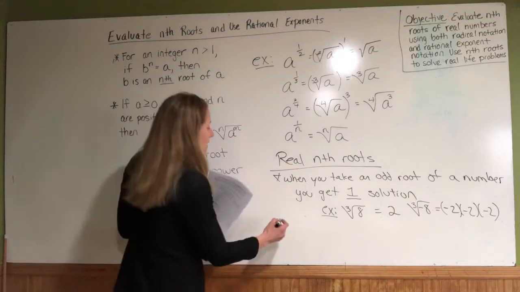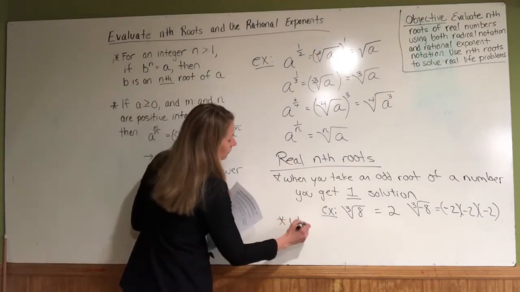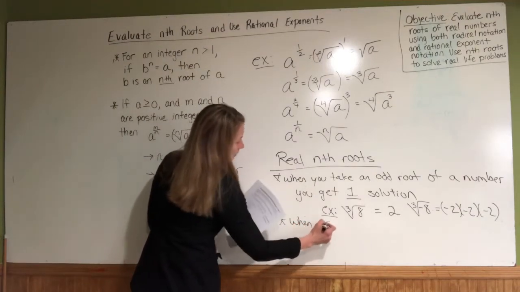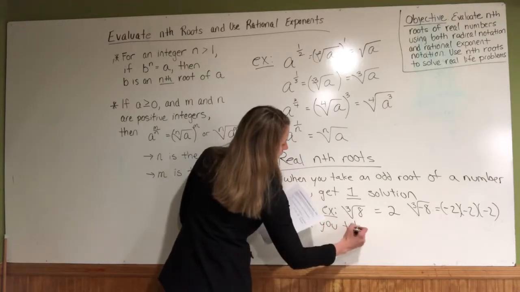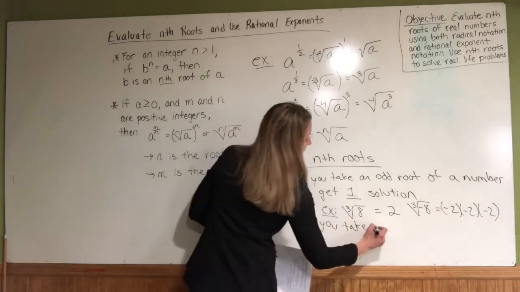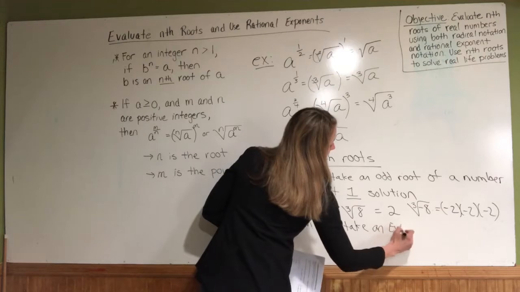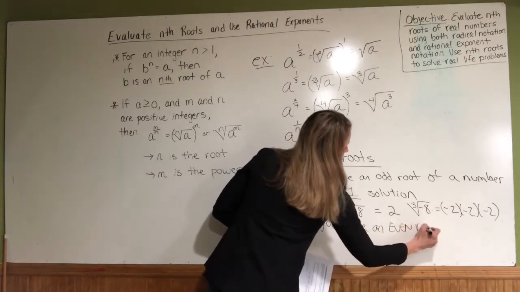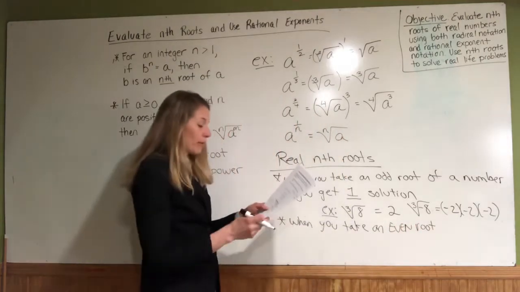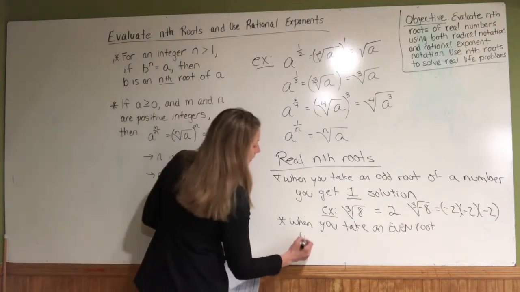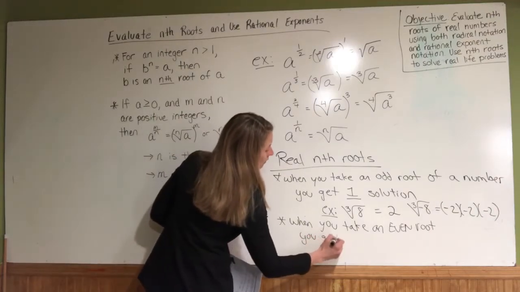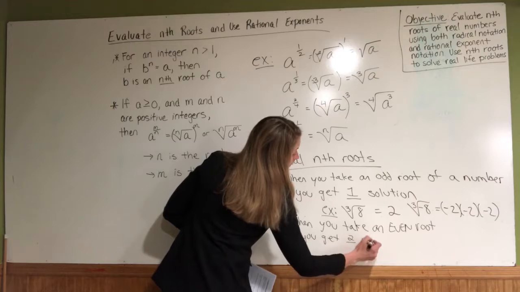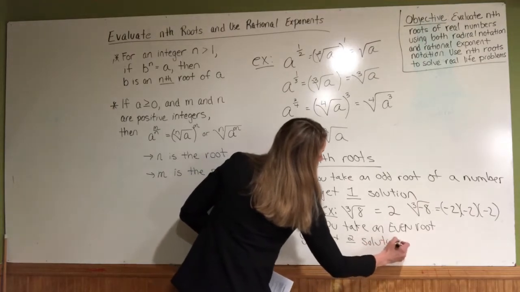Now, when you have an even root, when you take an even root of a number, you get 2 solutions.